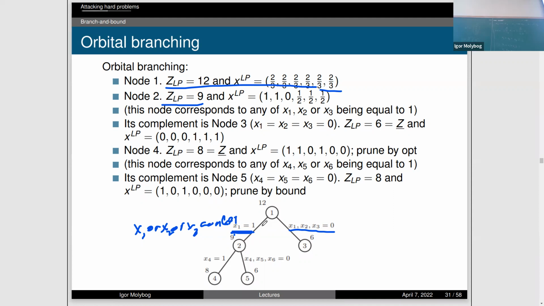Assuming that x3 can be equal to 1, then we flip x1 and x3, and the resulting solution is going to be the optimal solution for the case x3 equal to 1.